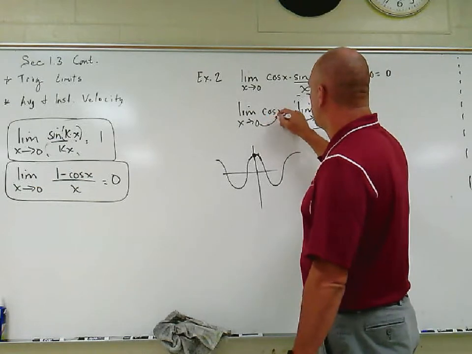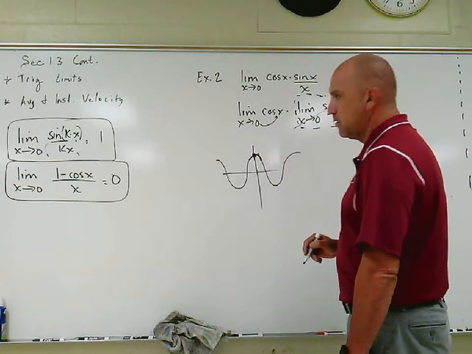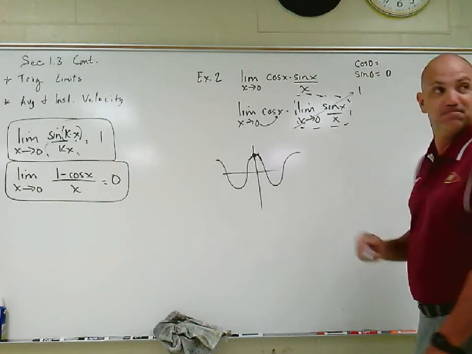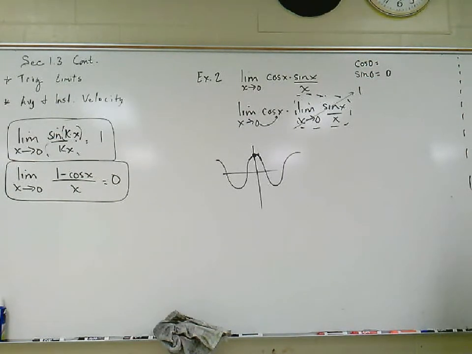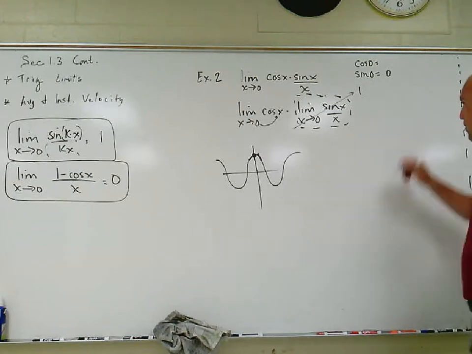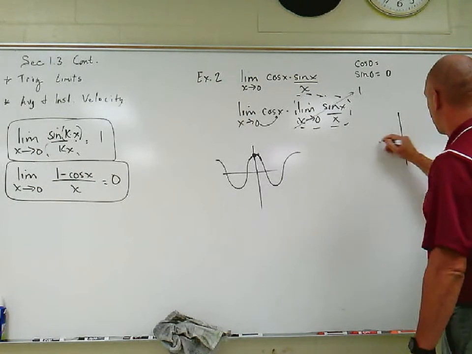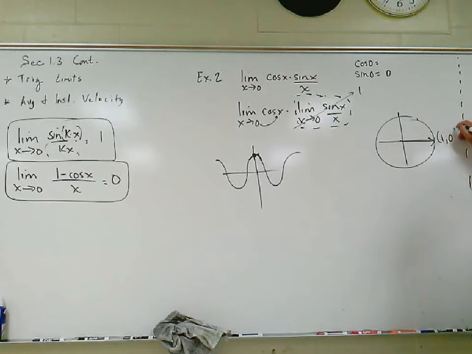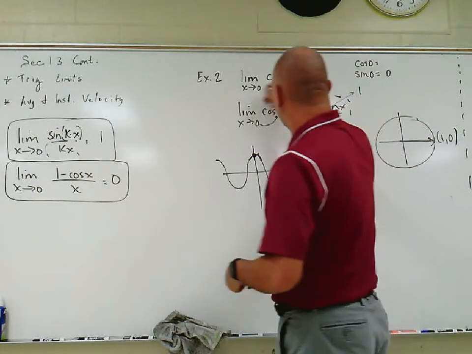So now you plug in to get that answer. Does anybody know what the cosine of 0 is? Either you can look at the graph or remember your unit circle. For the angle 0 radians, cosine is always the x-coordinate, sine is always the y-coordinate. So the cosine at 0 radians is 1. So this is 1.